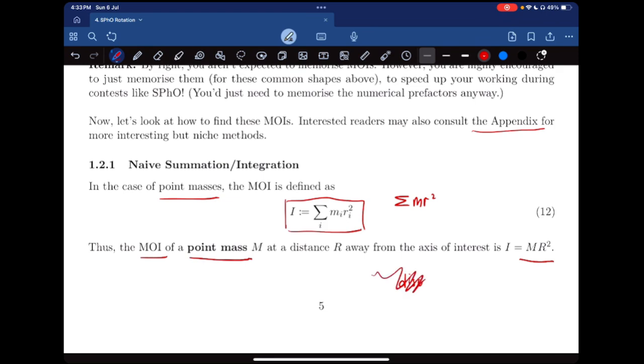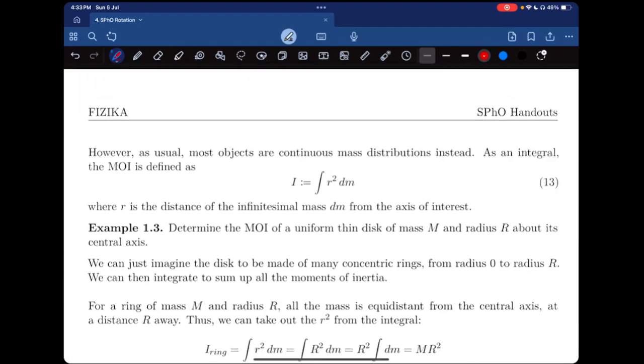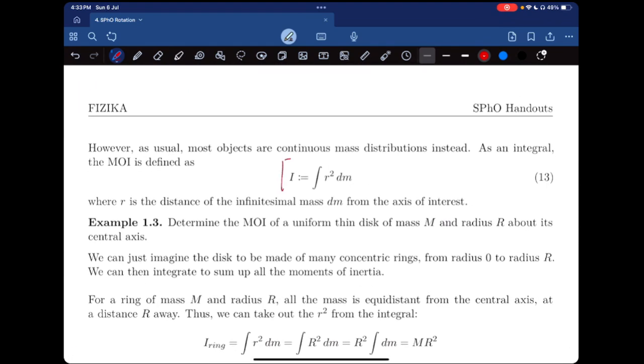It technically holds for continuous mass distributions, but in this case, it is much more convenient to just use integration. So as an integral, you can express MOI as such, where R is the distance of the mass dm from the axis of interest.